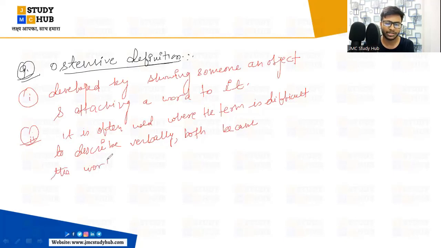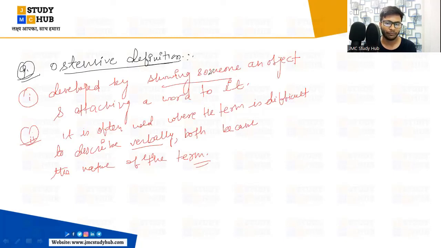Because the words will not be known, right? Or write it: because of the nature of the term, it could not be described verbally. That is the ostensive definition, which is developed by showing someone an object.